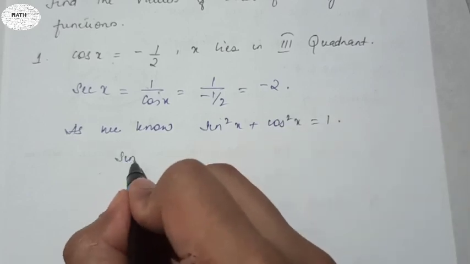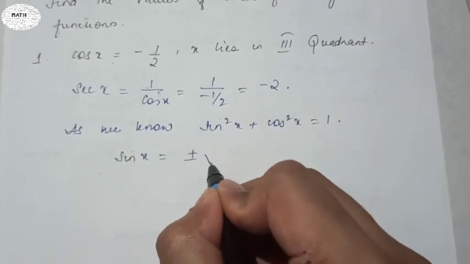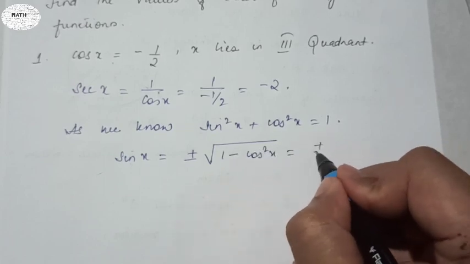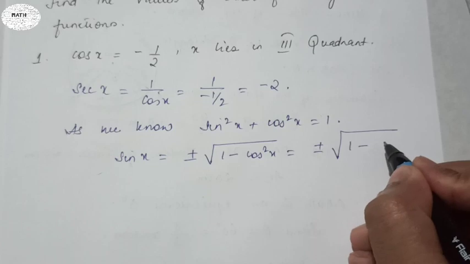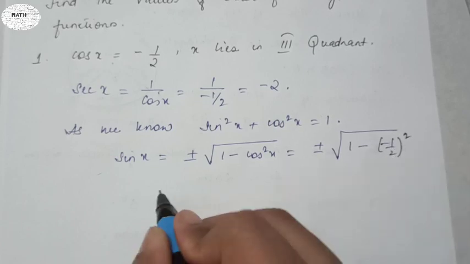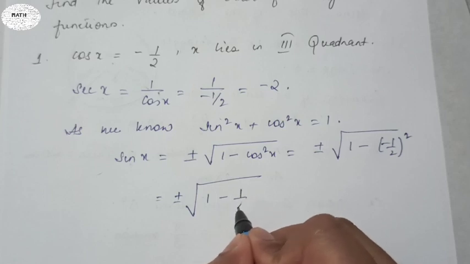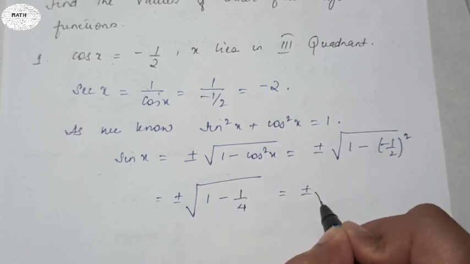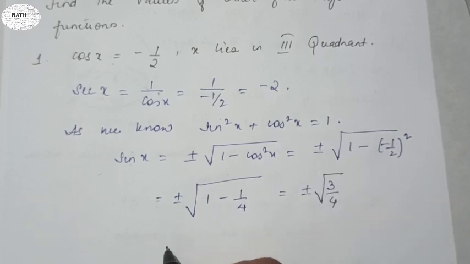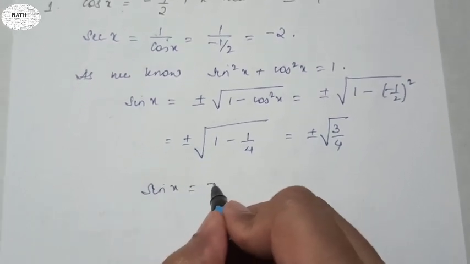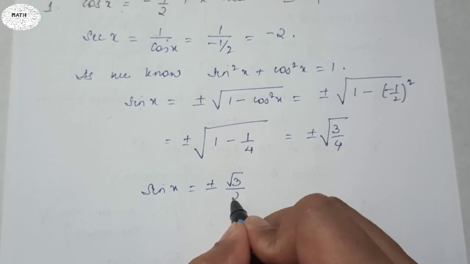So sin x is nothing more than plus or minus root over 1 minus cos square x, which happens to be plus or minus root over 1 minus (-1 by 2) the whole thing squared. So that will be plus or minus root over 1 minus 1 by 4, which will be plus or minus root over 3 by 4. So I got sin x to be plus or minus root 3 by 2.